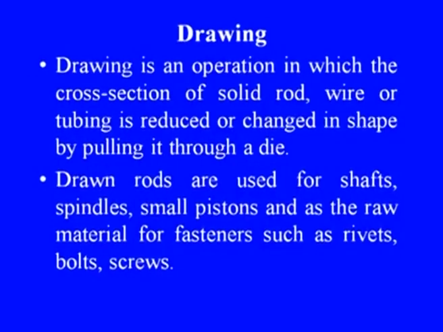Drawn rods are used for shafts, spindles, small pistons and as the raw material for fasteners such as rivets, bolts and screws. Drawing also improves strength and hardness, when these properties are to be developed by cold work and not by subsequent heat treatment.